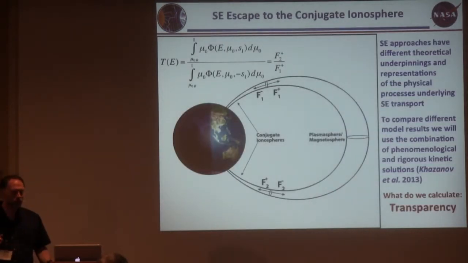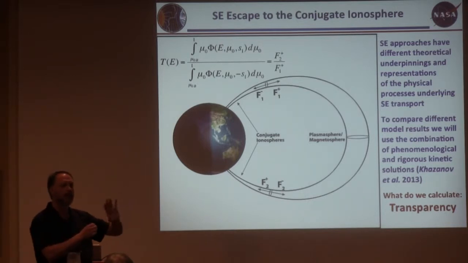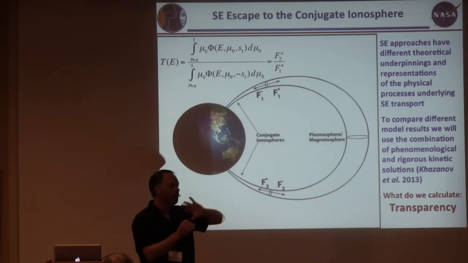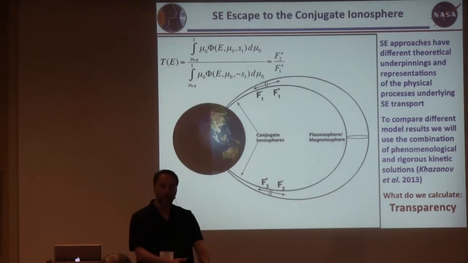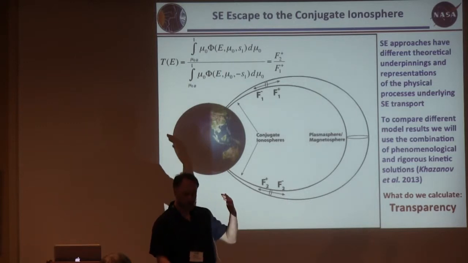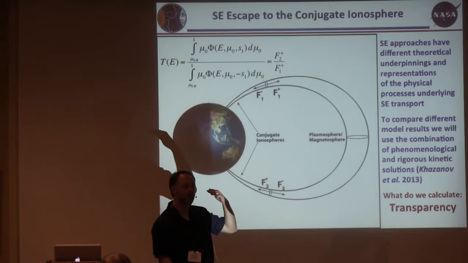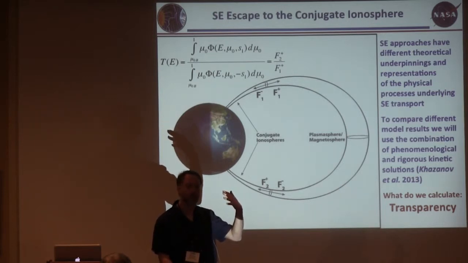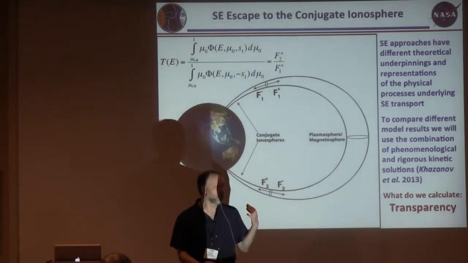Okay, so another concept that George likes to talk about is something called plasmaspheric transparency. So along these closed field lines, you have some amount of material coming out the topside ionosphere, and another amount entering the conjugate ionosphere. And if you just divide what's entering ionosphere number 2 by what was leaving ionosphere number 1, that isn't unity.